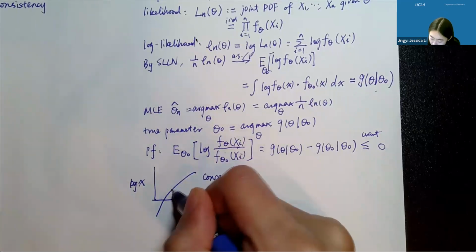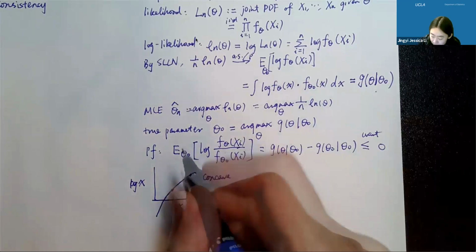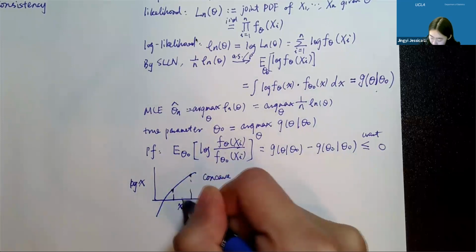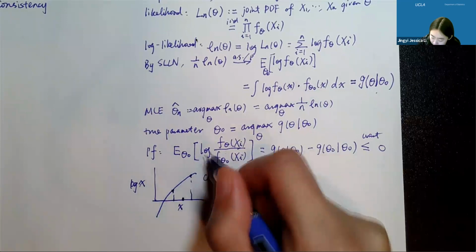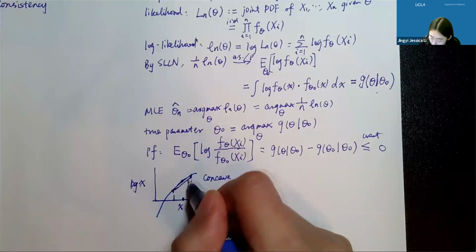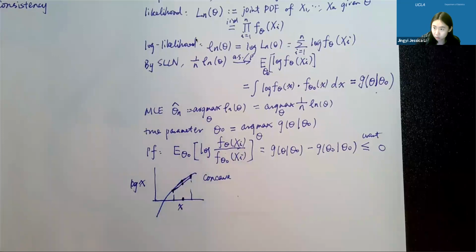Just imagine in the simplest case, xi takes two values with equal probability 0.5. Then the expectation of x would be here in the middle. The log of the expectation will be somewhere here on the curve, while the expectation of the two log values will be on the straight line, which is below the curve.